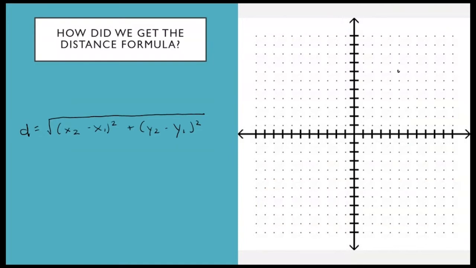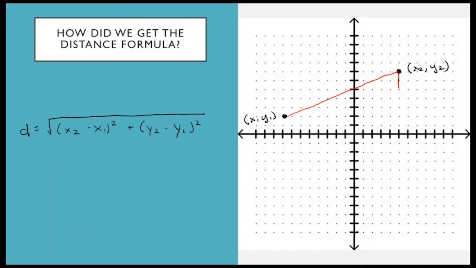So let's say we just have two ordered pairs. I'm going to call the first one x1, y1, and the second one x2, y2. Our distance formula is finding the distance between them, the shortest distance, if you were to connect those with a straight line.